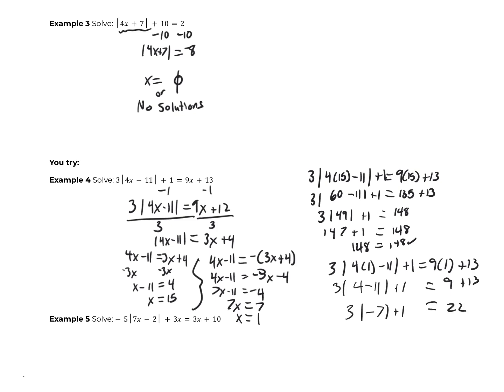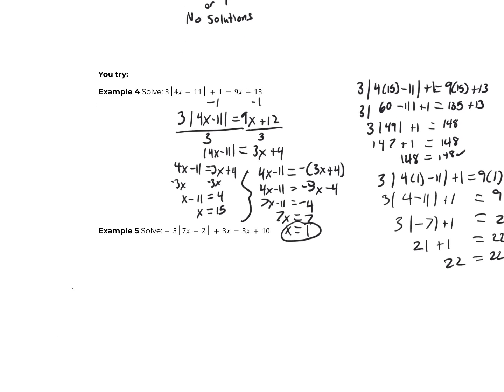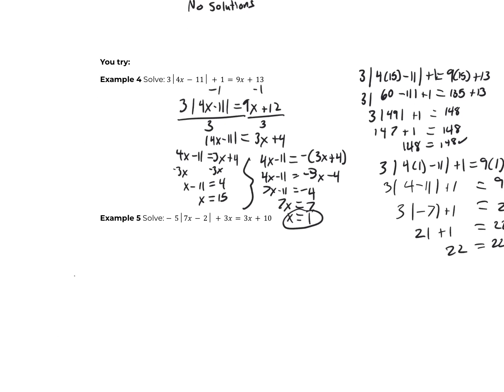The absolute value of negative 7 is 7, and 3 times 7 is 21. And 21 plus 1 is 22. That is much better. So that is a good solution. That's why we check our answers, to make sure that we did our math right. Sorry to take you on that rabbit trail, but you got to see in live action why we check our answers.